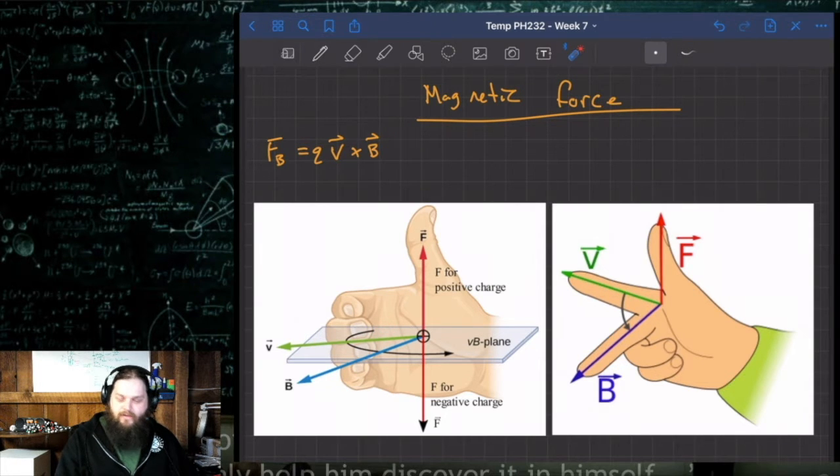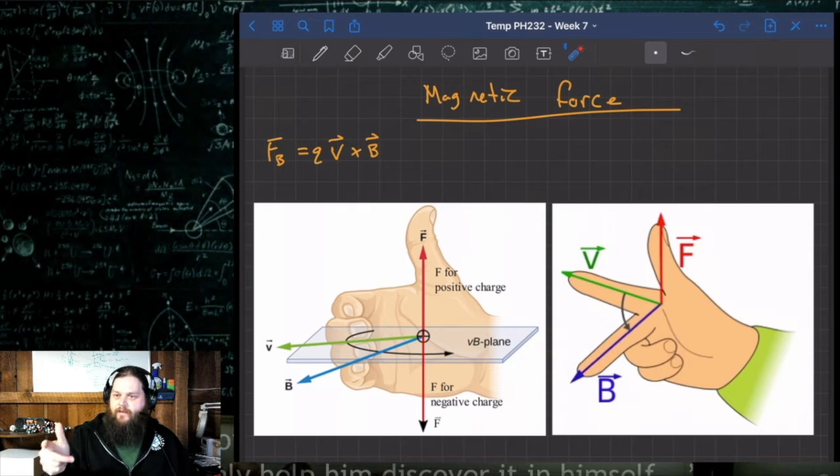You can also spread out your fingers, where my pointer finger points in the direction of the velocity, my middle finger points outward in the direction of the magnetic field, and my thumb points up in the direction of the force applied on a positively charged particle.